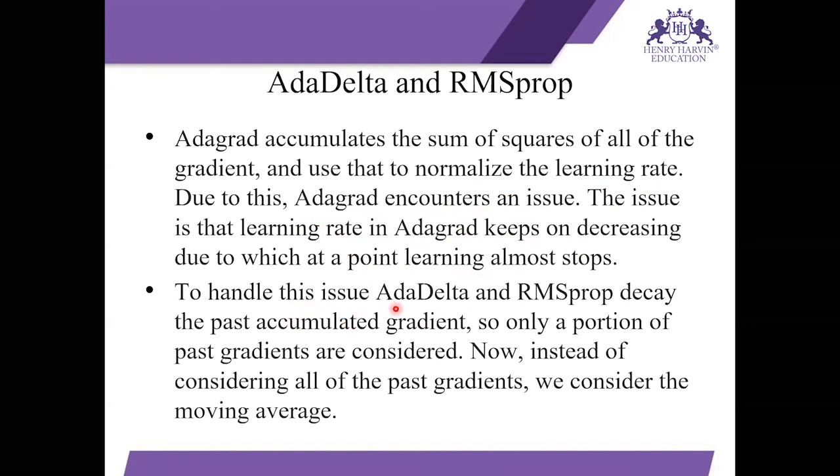So to handle this issue, AdaDelta and RMSProp decay the past accumulated gradient. So only a portion of past gradients is considered. Now instead of considering all the past gradients, we consider the moving average. So basically it is an improvement to the AdaGrad optimizer.